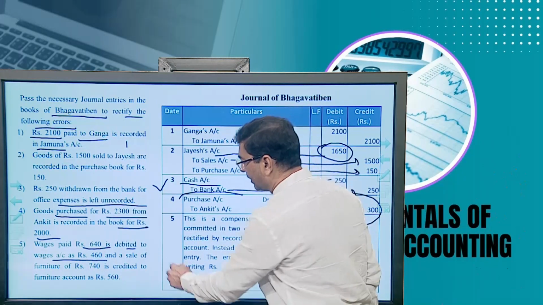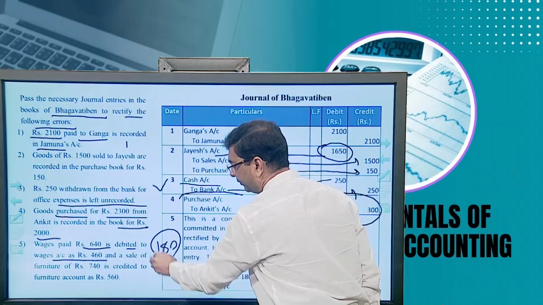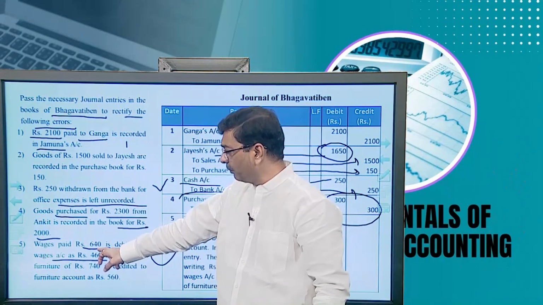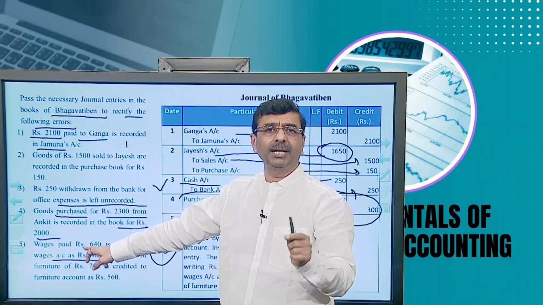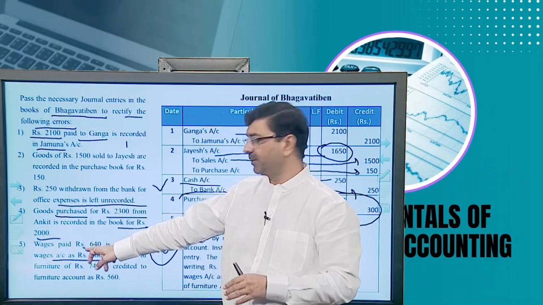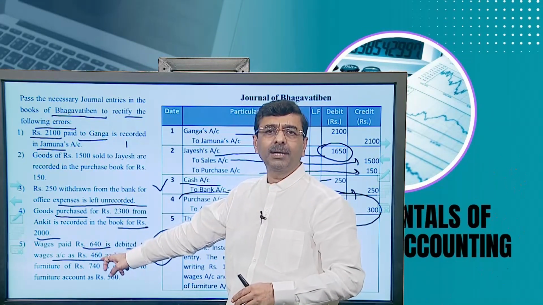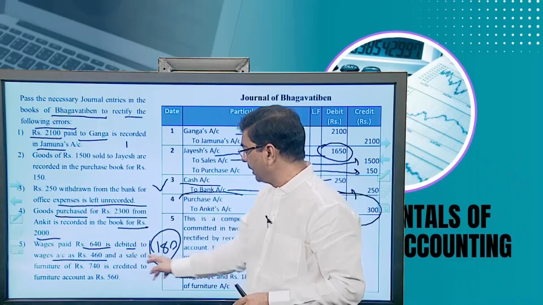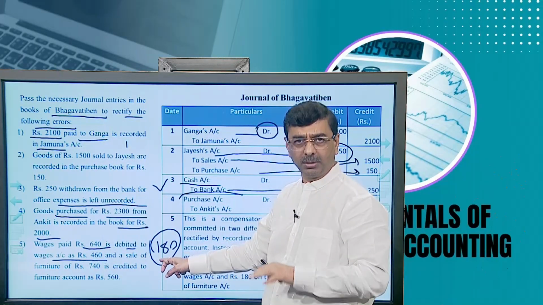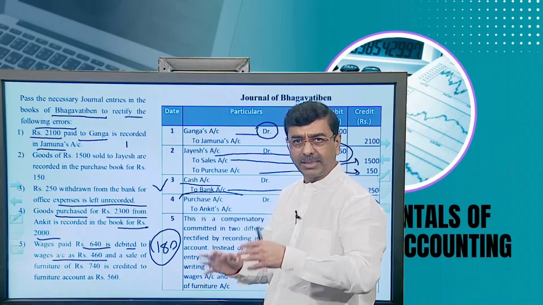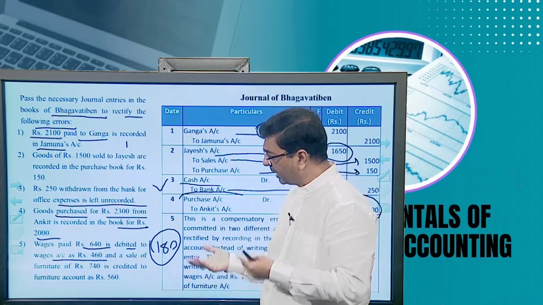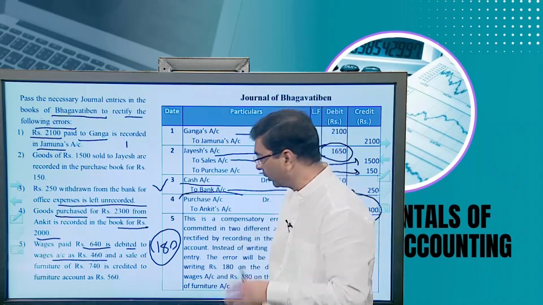The less recorded is 180 rupees. Why? Because of actual wages paid. So what is the journal entry? Wages account debited to cash account 640. But it was recorded wages account debited to cash account 460. So 180 rupees was wrongly, lesser recorded. Correct? Cash was actually rightly recorded.